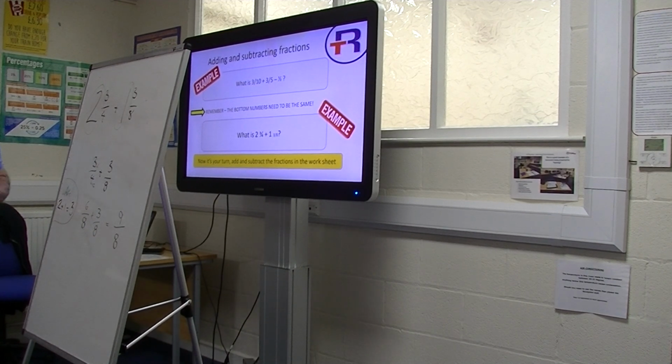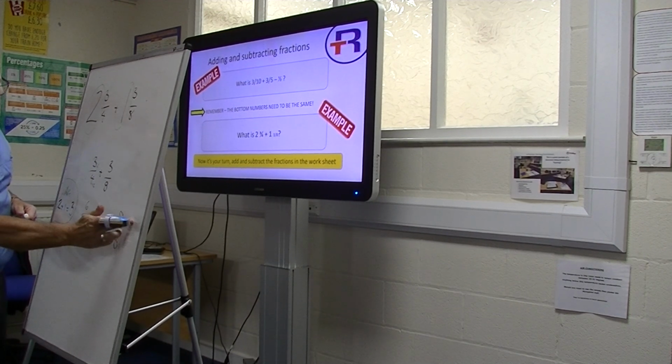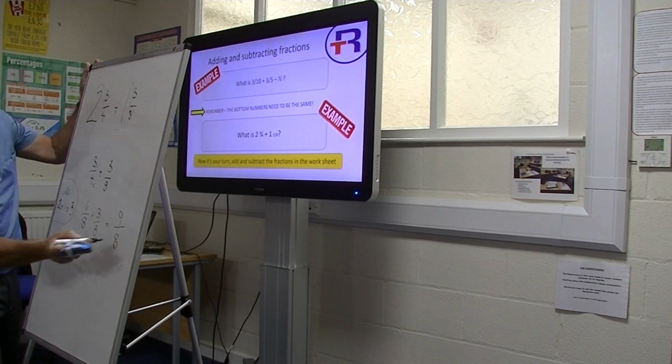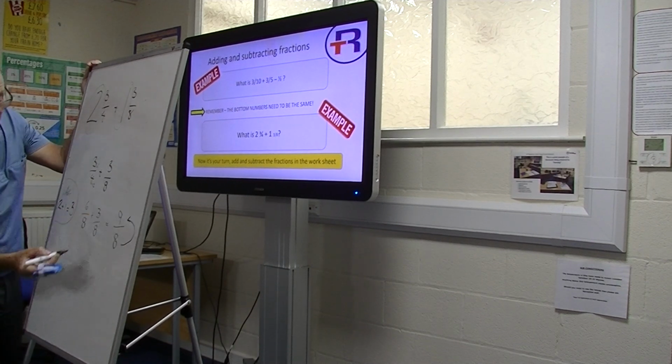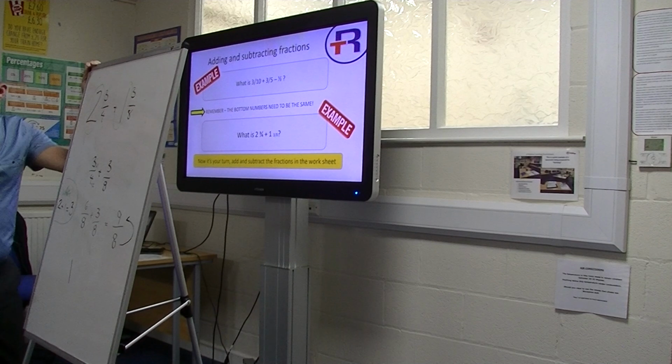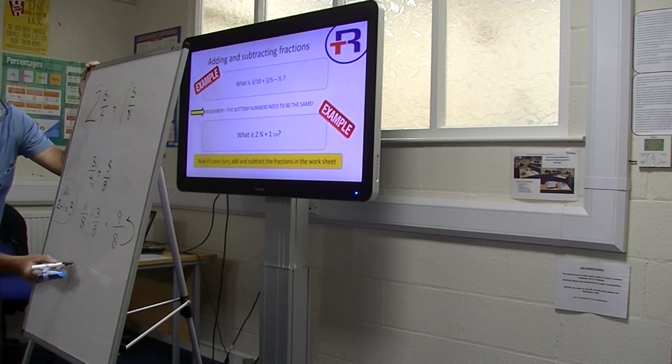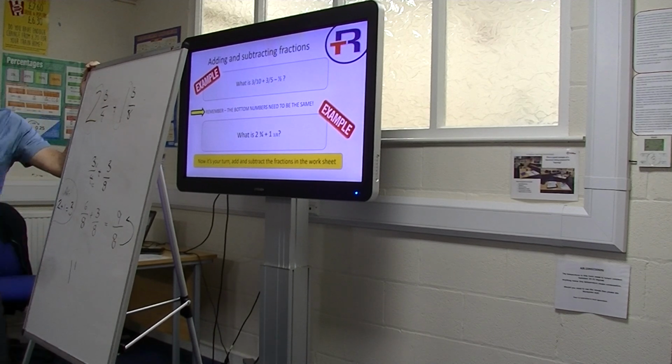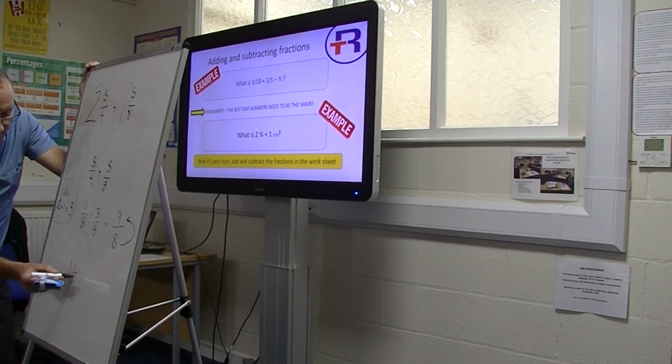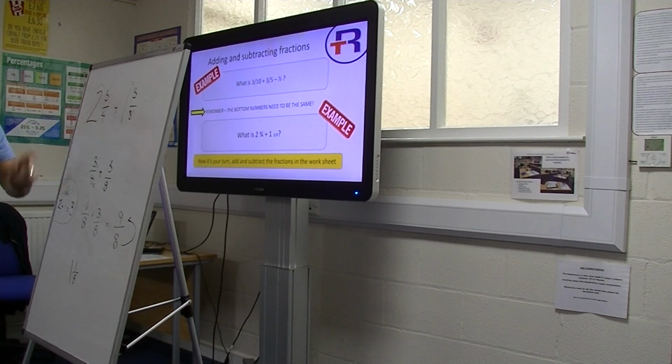How do we do that? We see how many 8s go into 9. Which is 1, with 1 remainder. There's your 1, there's your 1 remainder. Remember, we've now got an 8 as the denominator, so the 8 stays as an 8. So 9 over 8 is the same as 1 and 1/8.